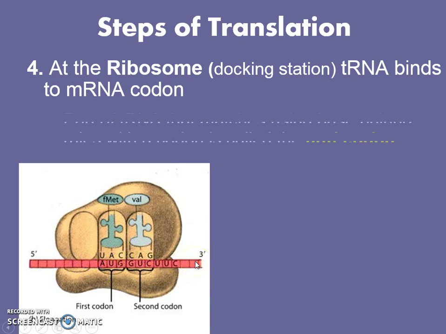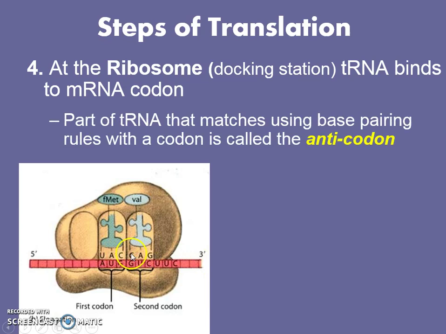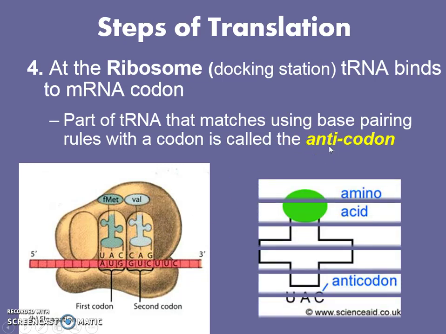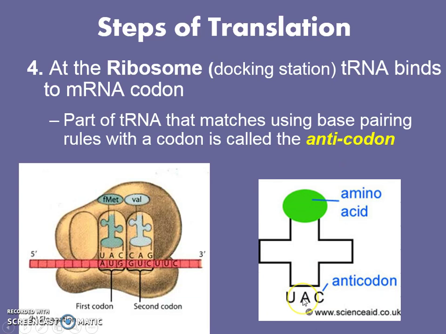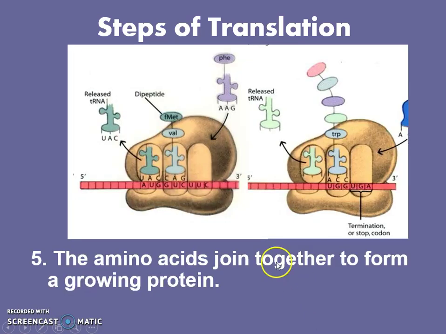It's reading it. The part that it uses to attach to the right place is called the anticodon. The anticodon is on the tRNA. Here it is. Next, as I bring in more amino acids to this garage or the ribosome, I'm reading the message and they begin to form a long, long chain.